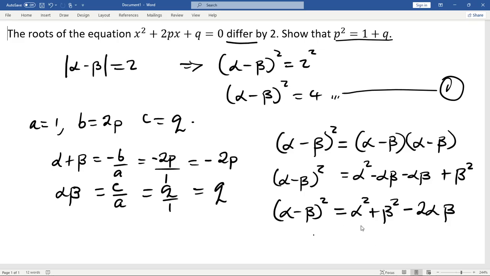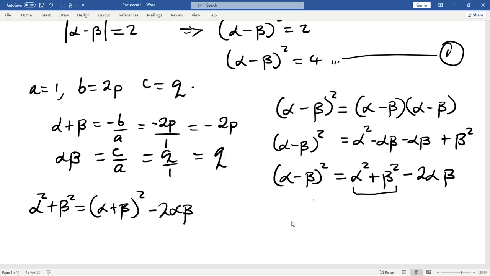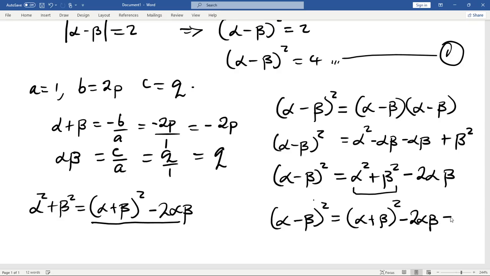Now we have another identity. Remember that alpha squared plus beta squared is simply equal to alpha plus beta squared minus 2 alpha beta. So where we have alpha squared plus beta squared, we substitute this identity. We have alpha minus beta squared equal to alpha plus beta squared minus 2 alpha beta, then minus the other 2 alpha beta.